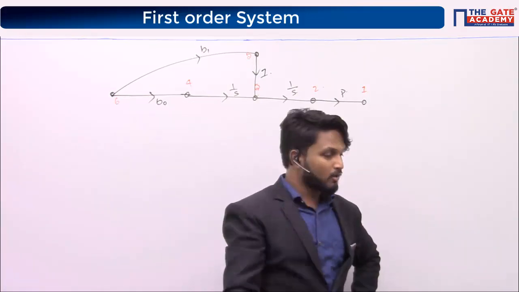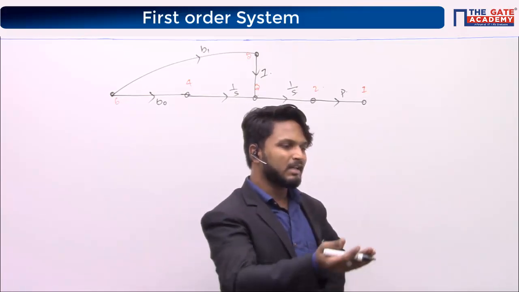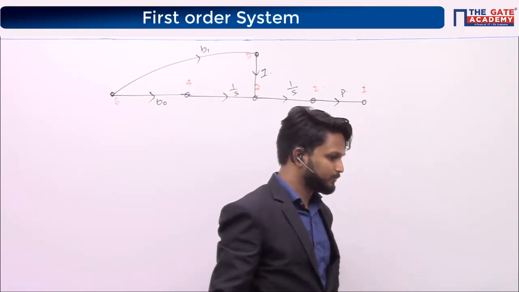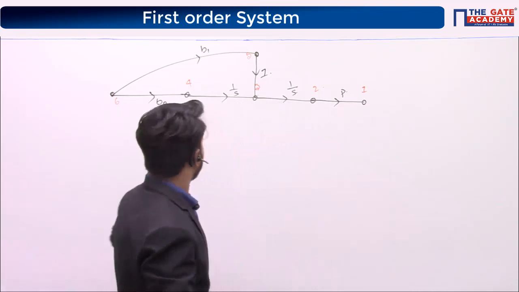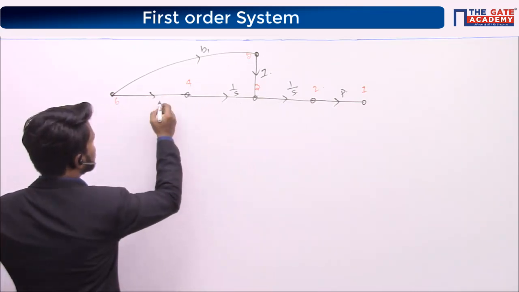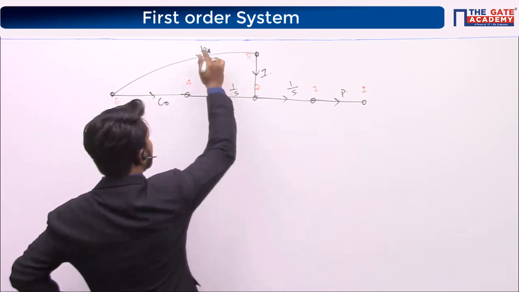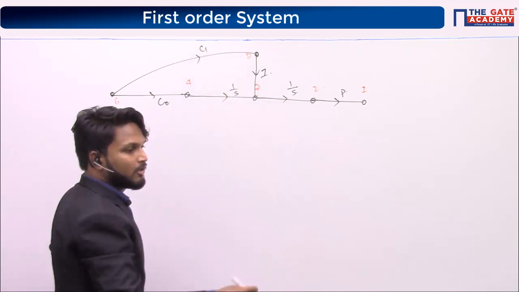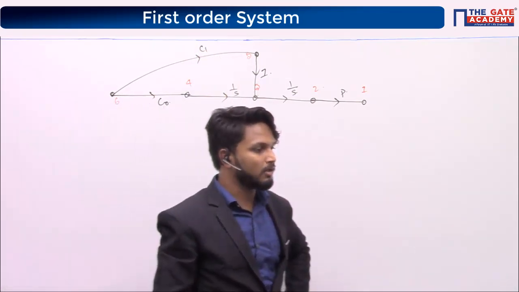There is one more node available here. You can take that node to be downwards also, or else take C0 in between 6 and this, and take C1 in between 6 and 5, right? So here in the downward stage, you can take this B1 and B0.